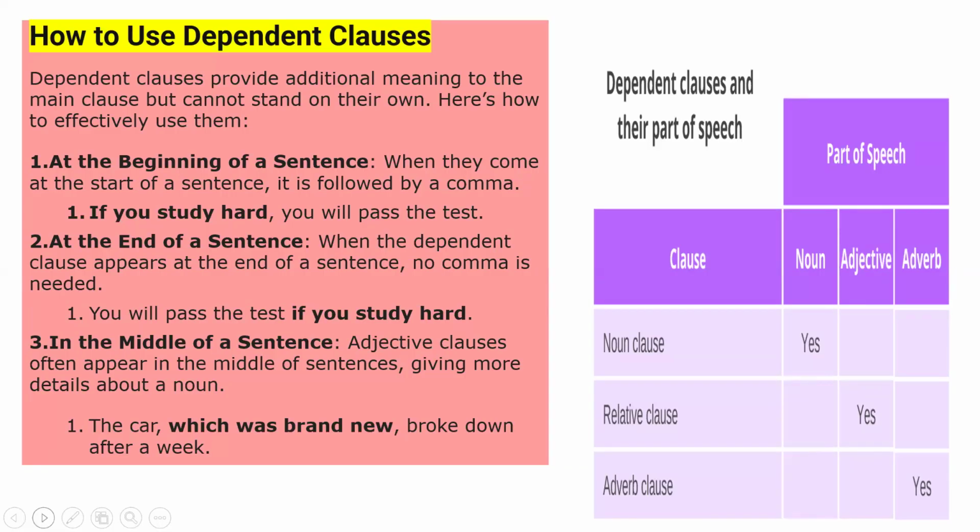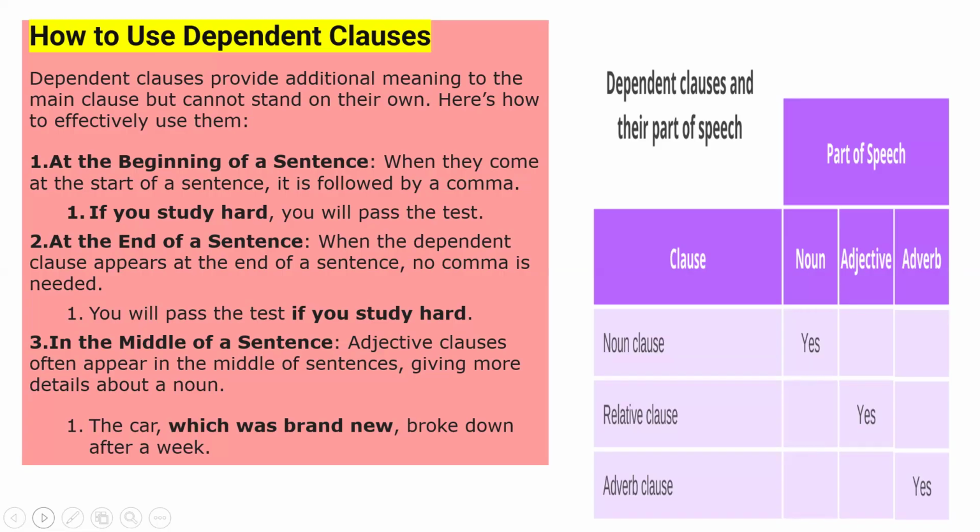If you study hard, comma, you will pass the test. At the beginning of a sentence, when we use a subordinative conjunction, if you study hard becomes a dependent clause, a subordinative clause, so we have to use a comma.